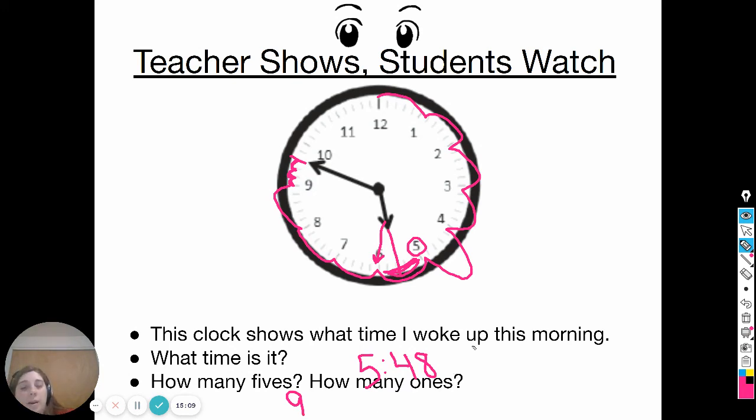How many times did we count by ones? If you look, we counted 1, 2, 3 times. So we have 9 times 5, which equaled 45, plus our 3 more ones, 45 plus 3, got us to 48, which was how many minutes it was.